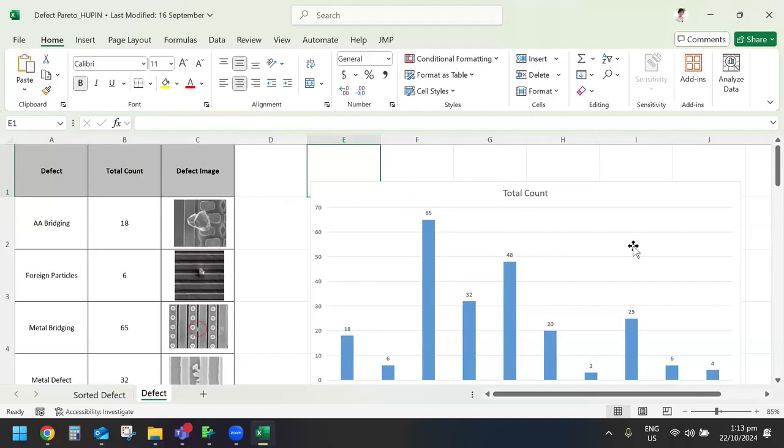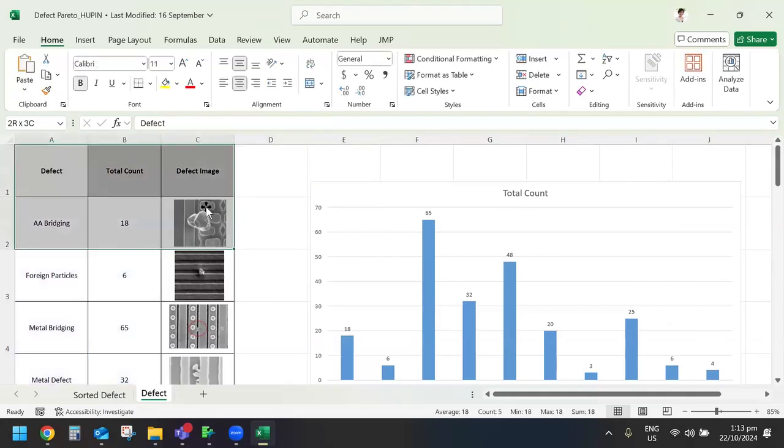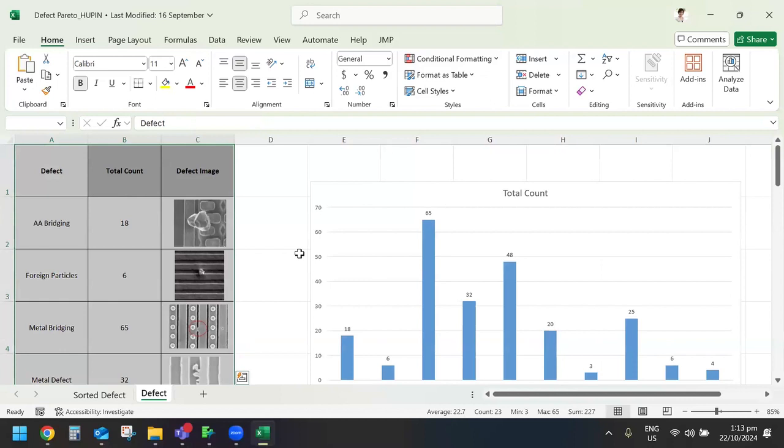So let's see this type of defect. I want to do a simple bar chart, which is a type of Pareto chart, but in this case it is not sorted in sequence from the highest to the lowest. So what I did is sort the data table over here so that it will follow the Pareto rules from the highest to the lowest.